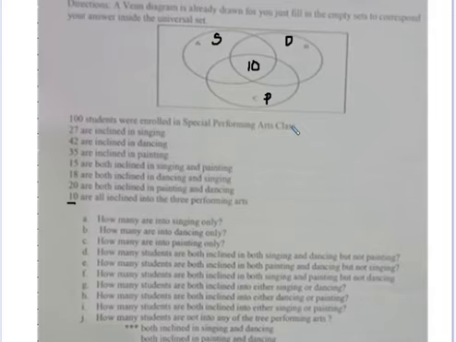Okay, so consider now the intersection of singing and painting. As you can see here, class, 15 are both inclined in singing and painting. So this whole section here is the intersection of singing and painting. So we need to fill up 5 only here since we have already 10 here. 10 plus 5 is 15.